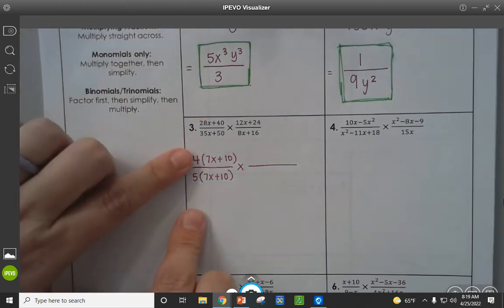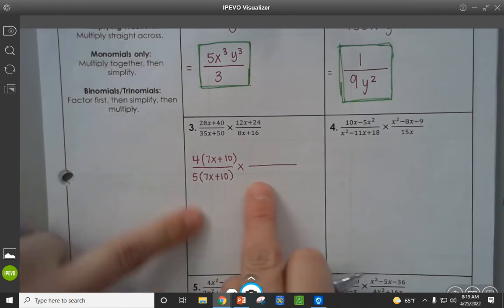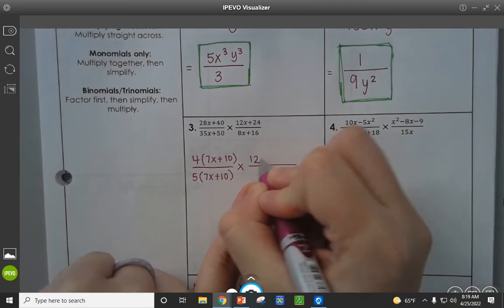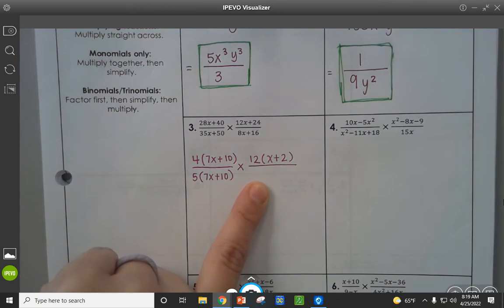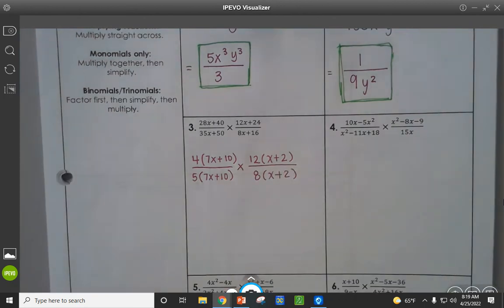You have to include your GCF. It doesn't just go away. Now over here, 12x plus 24, what's the GCF? 12, leaving you with x plus 2. And 8x plus 16? 8, leaving you with x plus 2.